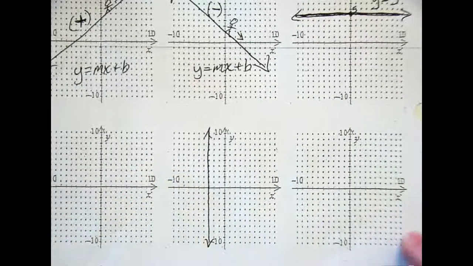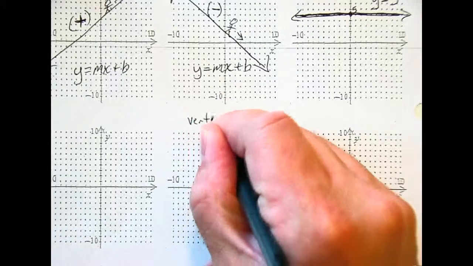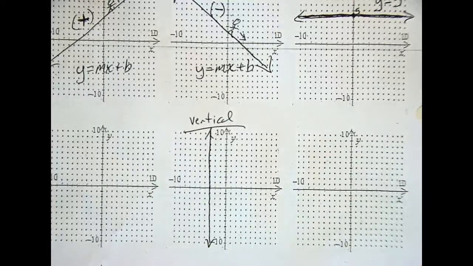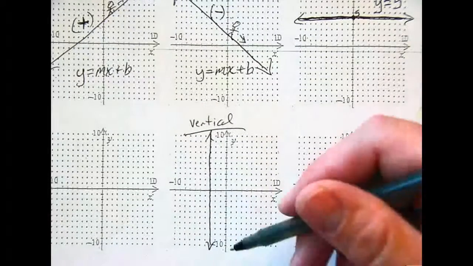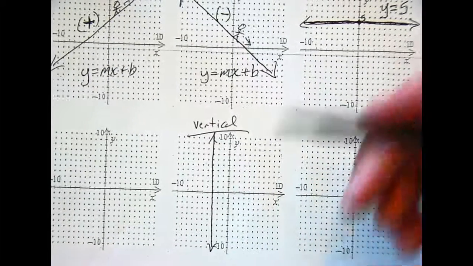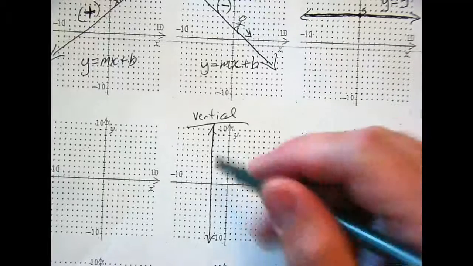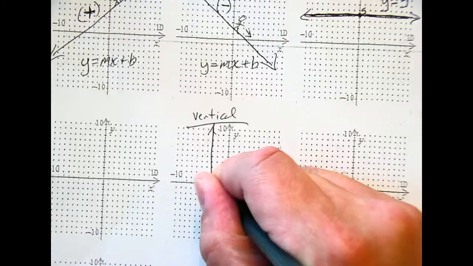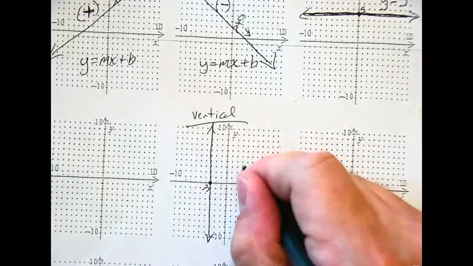What type of line is that one? Vertical. It's a vertical line. Vertical lines go up and down. Like if your buddy says, hey, you have no vert, it means you can't jump. This line crosses the x-axis at -3.